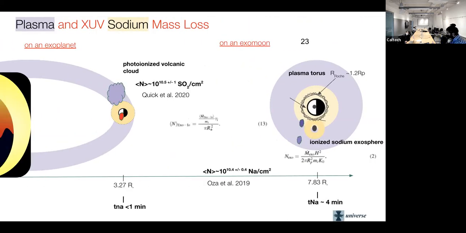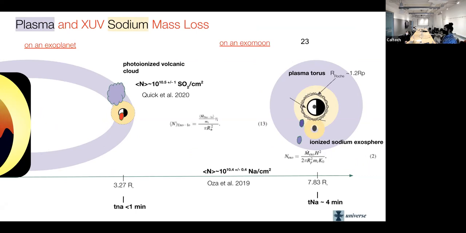Right, and then to actually convert from mass loss to a column density, we use, as a minimum, ISM physics: if we can constrain the equivalent width of a line, we can know the column density.